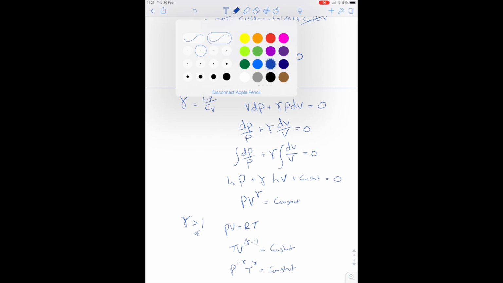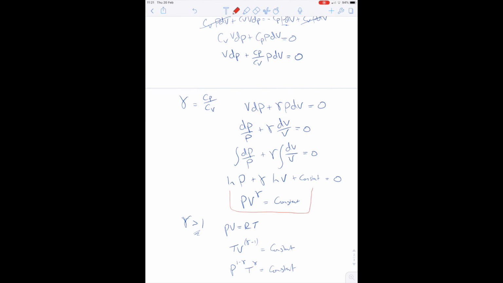So we've got a few different terms there that relate the pressure and the volume to this gamma term, which is just determined by our specific heat values. We've got similar expressions here for the temperature and the volume, and the pressure and the temperature.